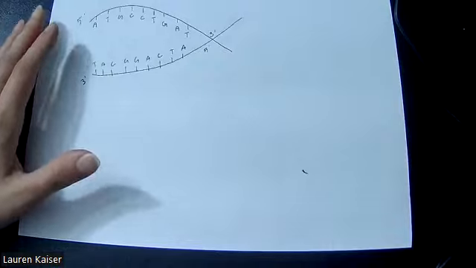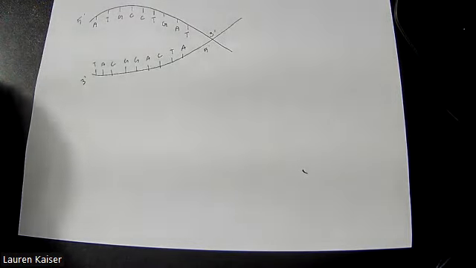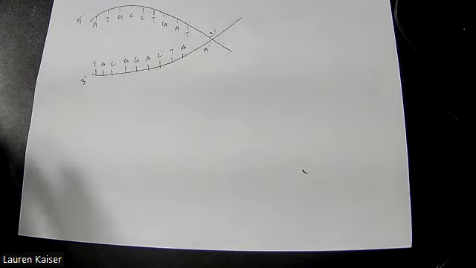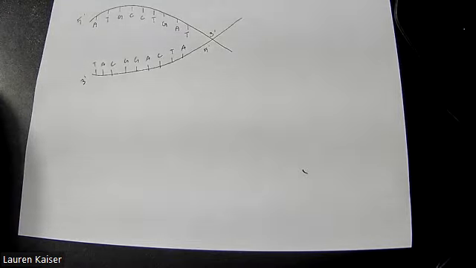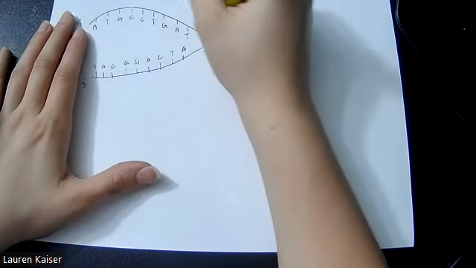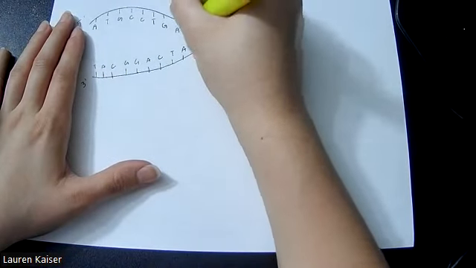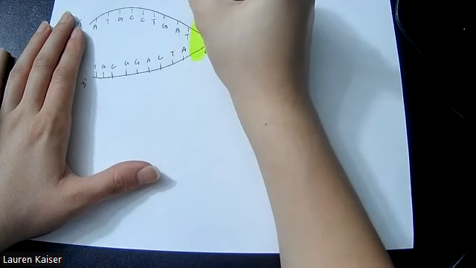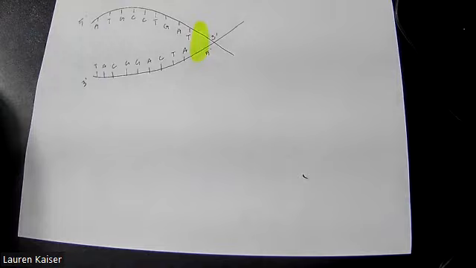All right, so now to actually get started with our replication. First up, we're going to unwind. Have a cocktail by the beach and unwind. I'll just use a normal highlighter for this one. So, our friend that helps us unwind, right here, it's our friend helicase.